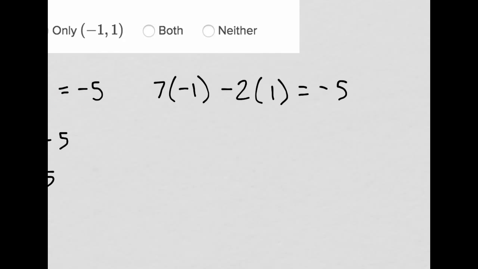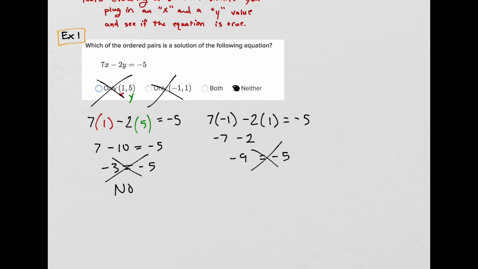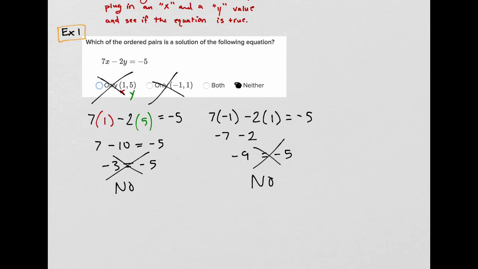I got negative 7 minus 2, that's negative 9. Does that equal negative 5? No, sir. Neither does that, so the answer is neither. That's pretty easy. You just plug in the x and y, and check to see if you get something true. That's not true. Okay, let's look at the next example.